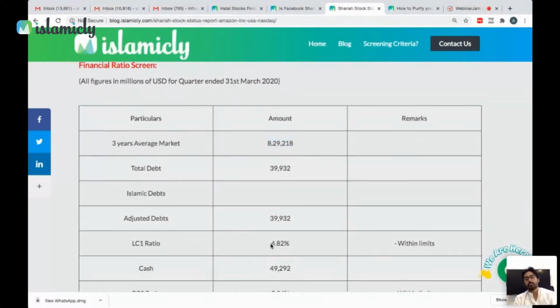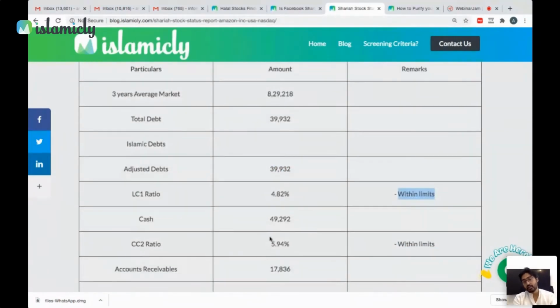It becomes 4.82%. So as you can see, the company has a massive amount of interest-bearing debt. That in itself, on a standalone basis, is massive. But when you compare it to its market capitalization, it becomes just 4.82%. And it is definitely within the limits. Hence, the company passes the debt ratio. Similarly, for cash, the company has $49 billion in cash.